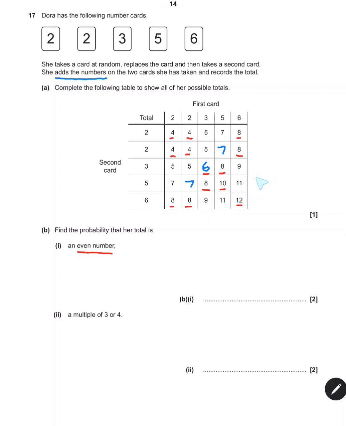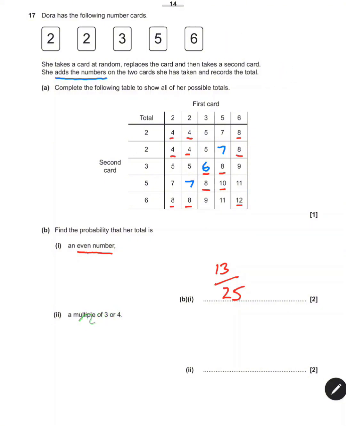Let's just count them up. 1, 2, 3, 4, 5, 6, 7, 8, 9, 10, 11, 12, 13. And a probability is a fraction out of how many things altogether. Well, if you count these up, there's 1, 2, 3, 4, 5, lots of 5. It's going to be 13 out of 25. There are 25 possibilities altogether.